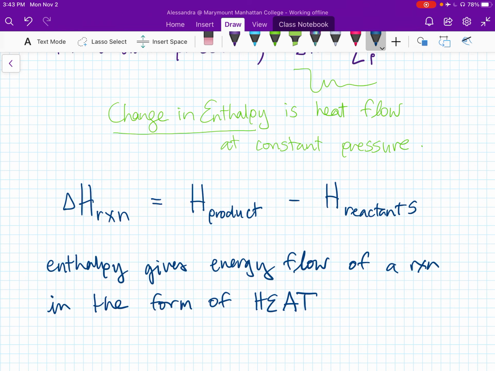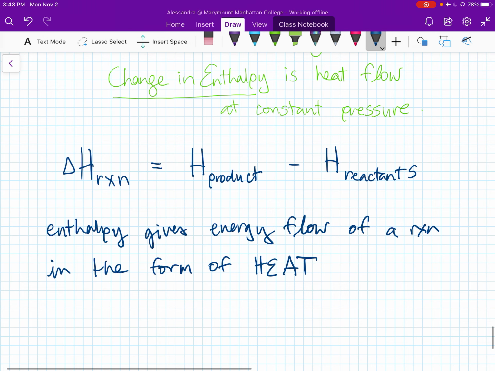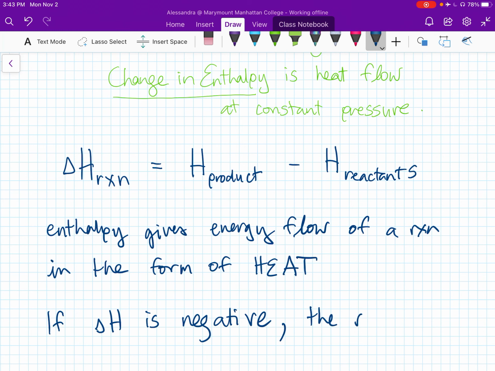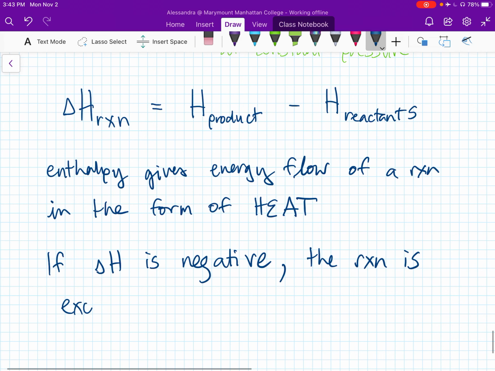So some sign conventions here. If delta H is negative, from the point of view of the system, which is the reaction, the reaction is exothermic. So this is a sign convention. If delta H is given a negative value, it's because the reactants are higher enthalpy than the products, right?